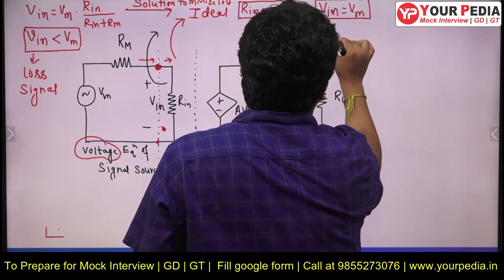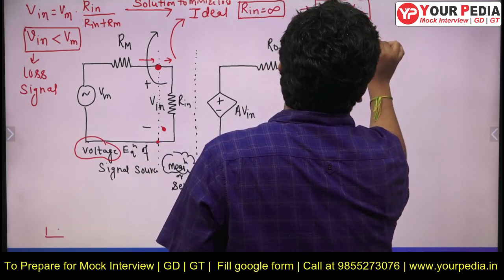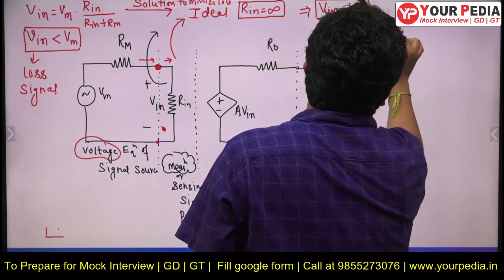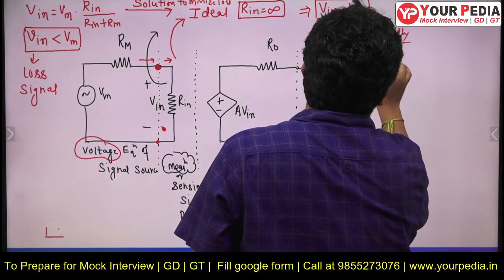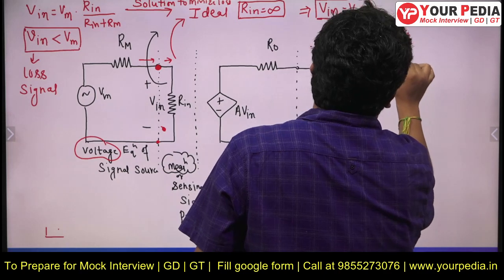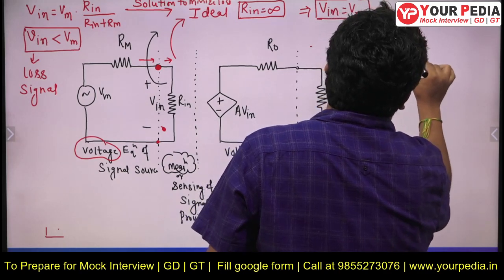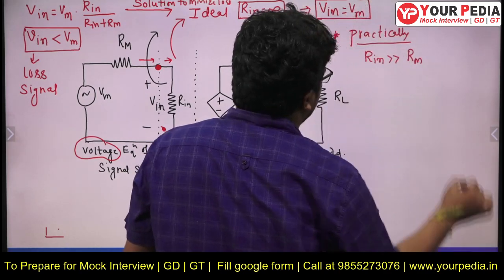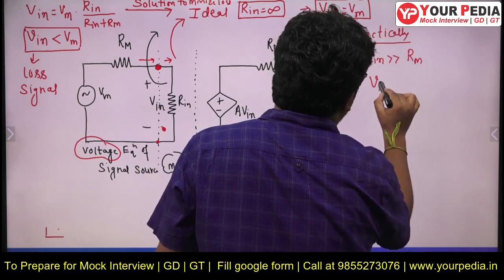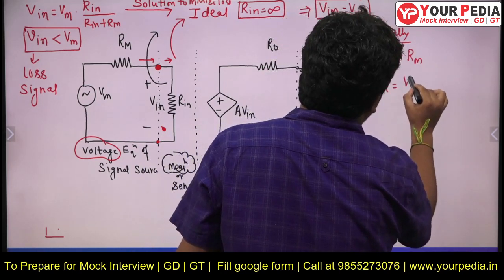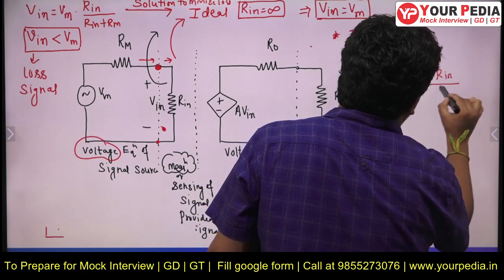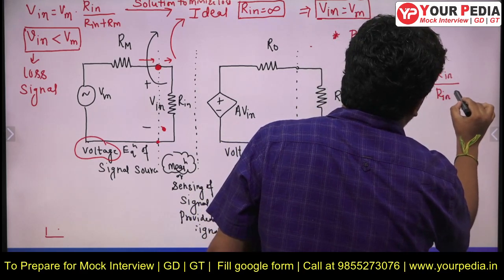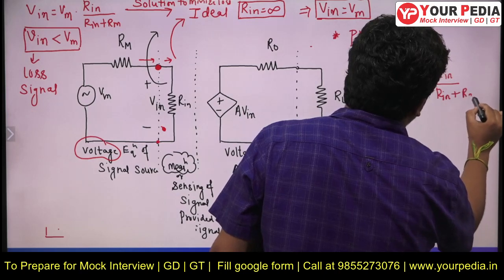If we go for the practical solution, what can I do practically? I will keep my input impedance very much greater than the source impedance or microphone impedance. Under such a condition, my input voltage will again be V microphone multiplied by R input upon R input plus Rs.